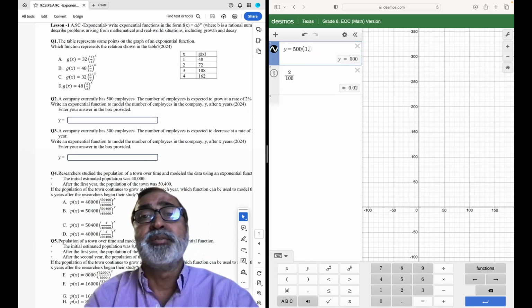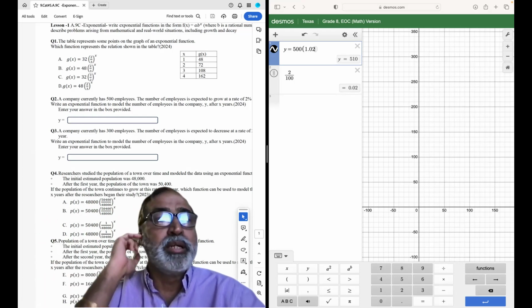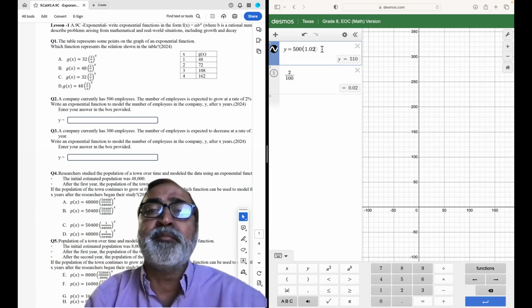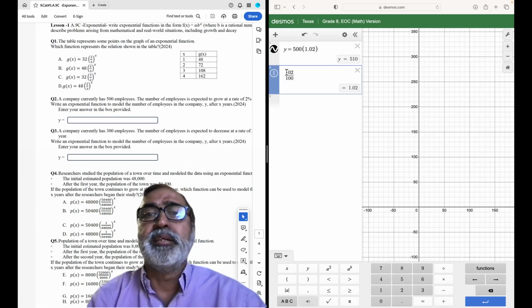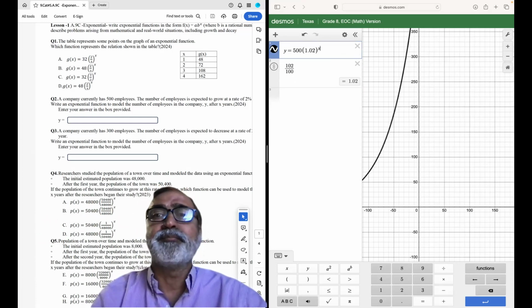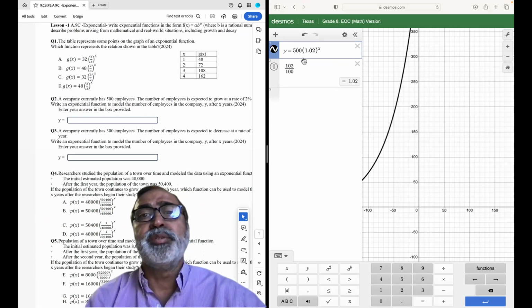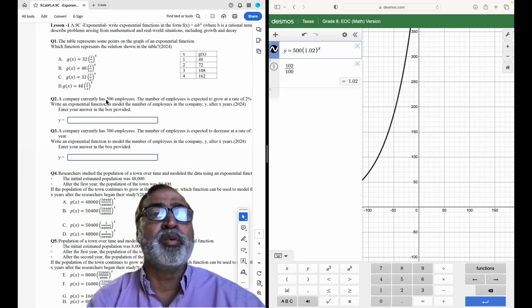So 100 plus 2 is 102, and 102% is written in decimal form as 1.02. You see that? Then you type the power x, and you see it's a growth. You cannot get this question wrong. You just have to know the initial value plus the rate.